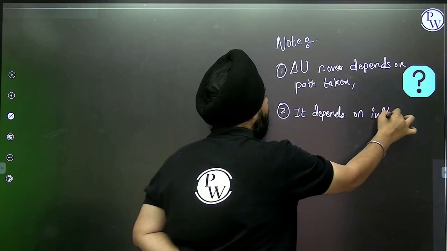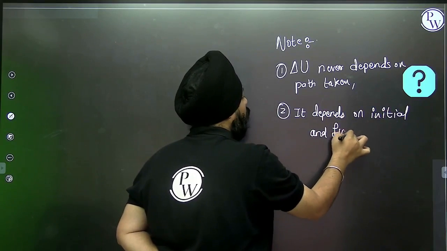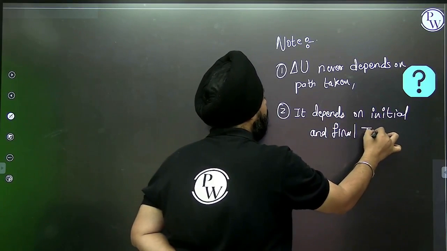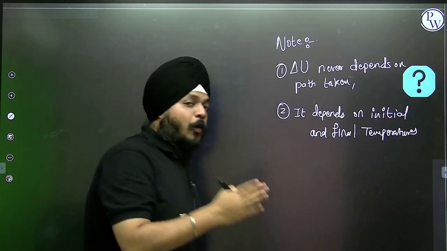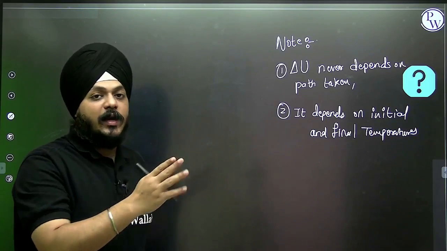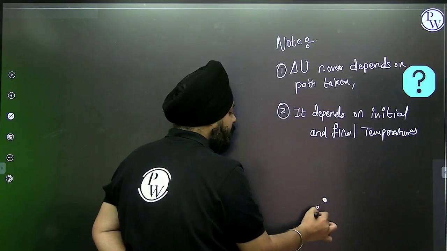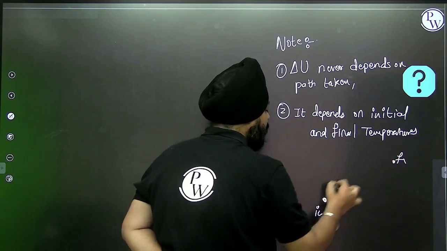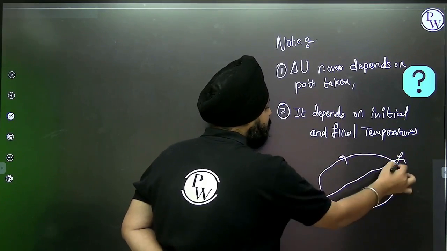It only depends on the initial and final temperatures. Suppose, if I am talking about initial and final states, let's take an example. This is the initial state, this is the final state. Suppose this is my first path, this is the second path, this is the third path.